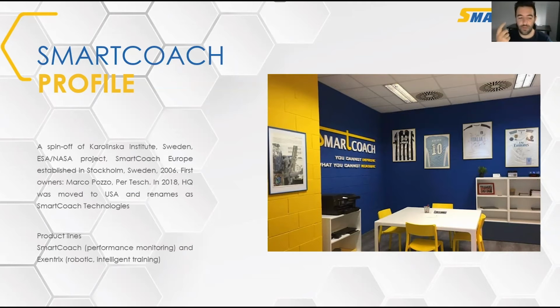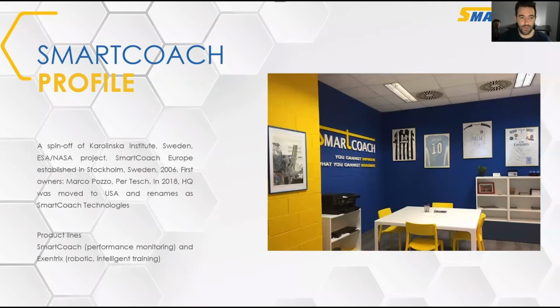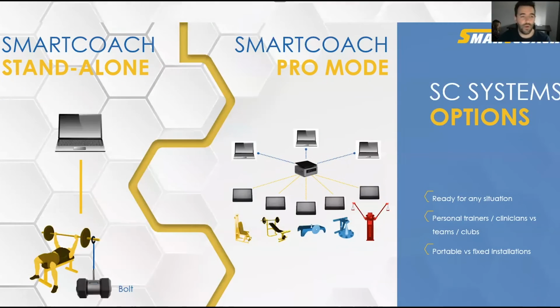It was involved in this MESSA project of the consultancy of Berg and Tesch. Actually, Tesch was one of the first owners of SmartCoach. Then they were divided, and they were there from the beginning. So the software can allow very good monitoring of the flywheel. You have two kinds of functions.